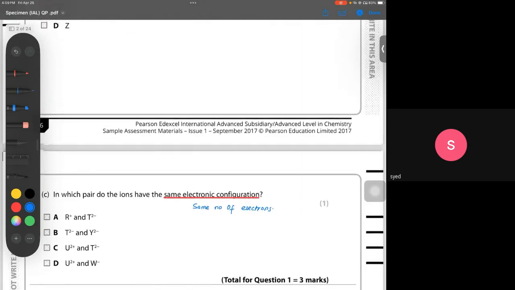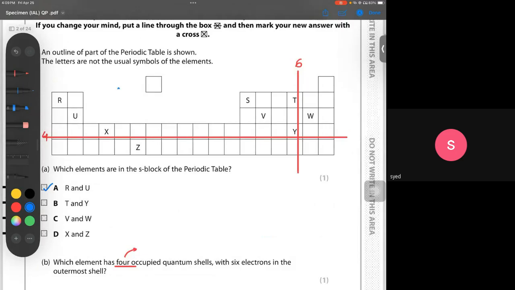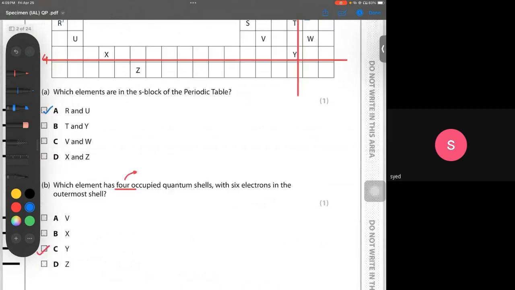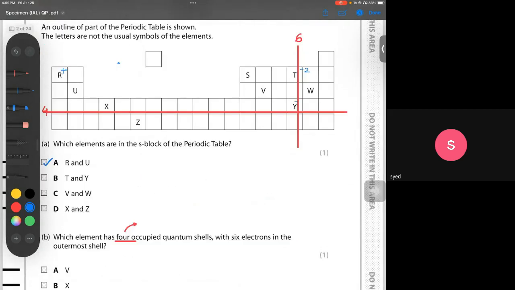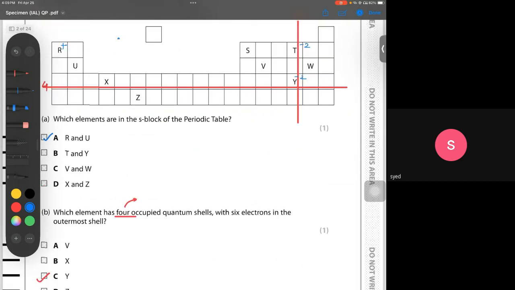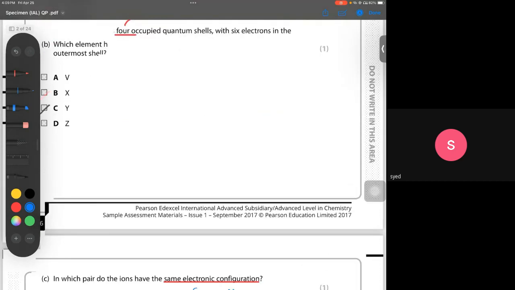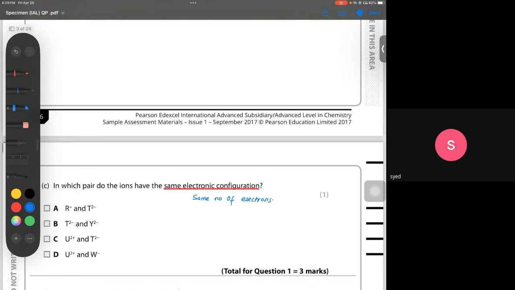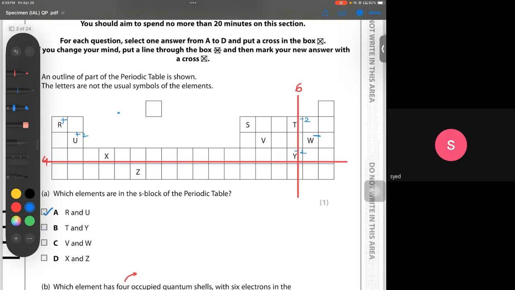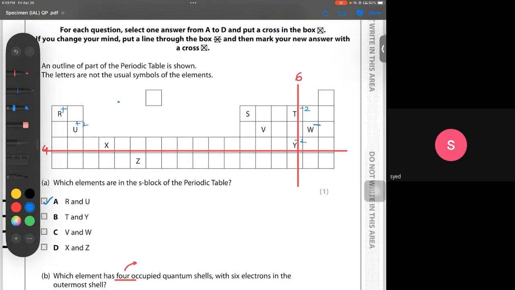So they have given R plus and T2 minus, then T2 minus and Y2 minus, and then U2 plus and T2 minus, and U2 plus and W minus. So same number of electrons. Of course, the periodic table would be given to you.